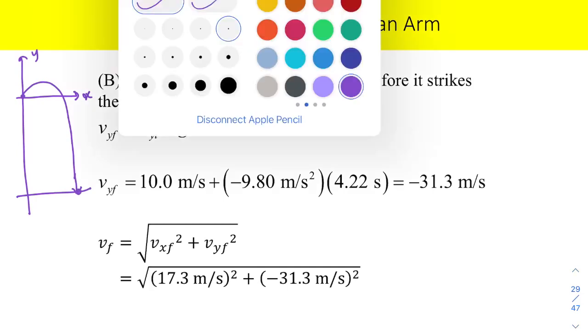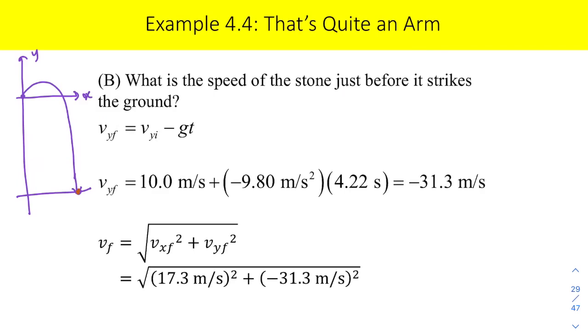So at this instant, it still has v. The moment it is going to strike, it has v final here. Okay. So in terms of y component, by making use of the t taken from starting until it reaches the ground, 4.22 second, you have negative 31.3 meter per second.